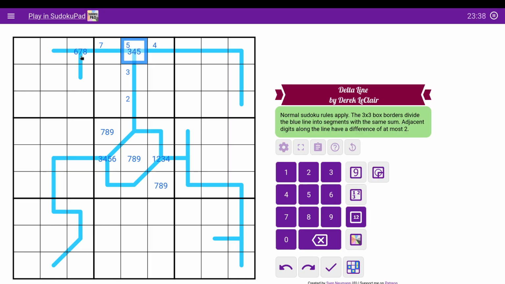And this cannot be 4 because it's opposite 3. If this were 1, it's opposite 6. That's fine. Maybe 5 will end up being correct. 5, 4, could be 6, could be 3, could be 2. This could be 6 or 8.